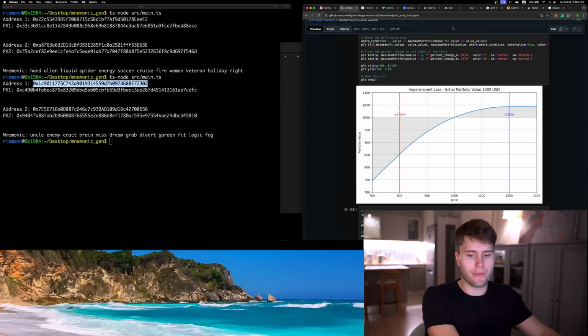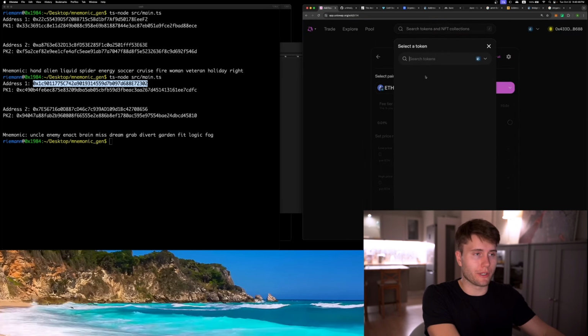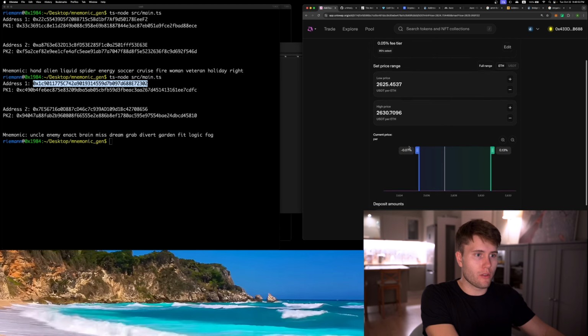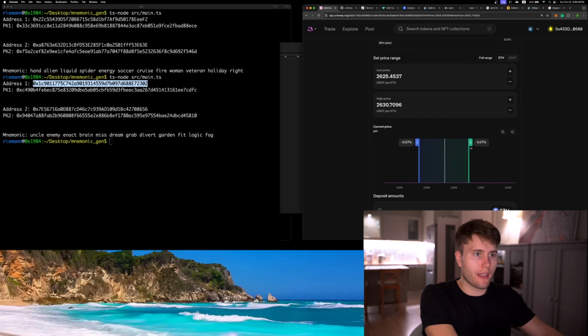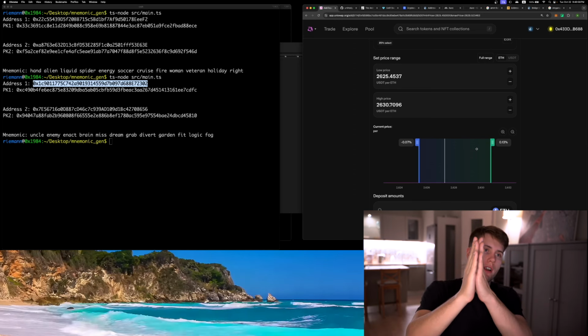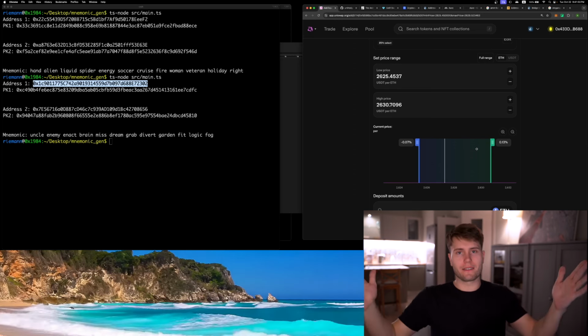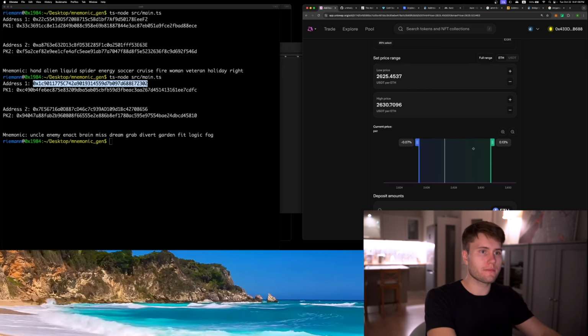At a certain point, the price can go way out of the range of the liquidity you supplied to Uniswap. When you supply liquidity to Uniswap, you actually pick a price range. The more concentrated the price range you pick, the more in fees you earn. The opposite is true: if the price range is super wide, you're going to earn less fees.